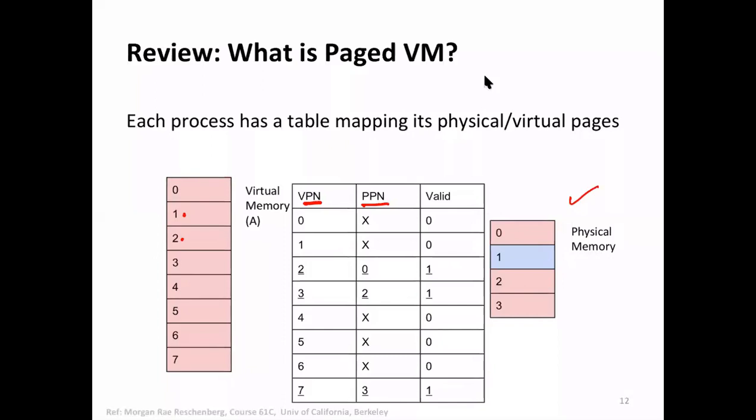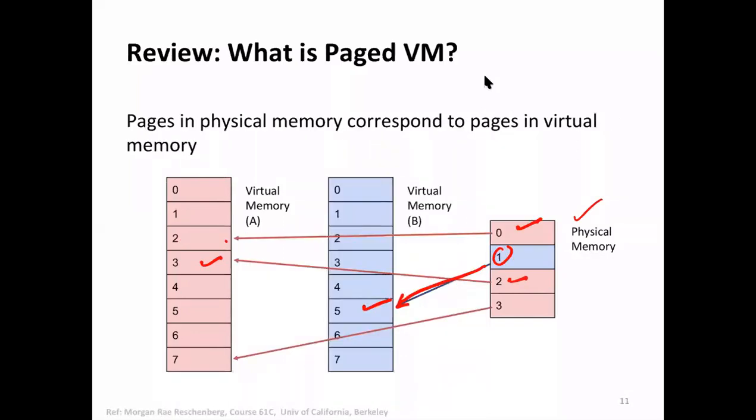Now note that for process A, going to the previous diagram, we are using the mapping as follows. Physical page 0 is mapped to page 2, virtual memory page 3 is mapped to page 2 of physical memory, and page 7 is mapped to 3.